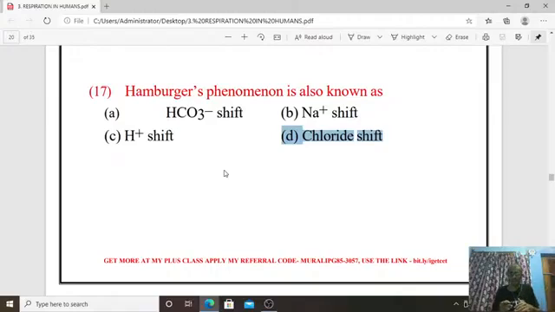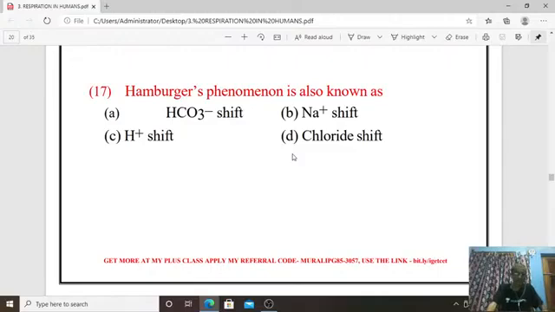So why is the movement there? Because HCO3 minus shifts towards the outer side. If 10 HCO3 minus ions move out, then 10 Cl minus ions move from the plasma into the RBC. That is a mutual exchange of negative ions to maintain the negative electrical balance, so it is called chloride shift. It is not considered an HCO3 minus shift. It is the chloride shift mechanism, observed and studied by Hamburger, so the phenomenon is called Hamburger's phenomenon.